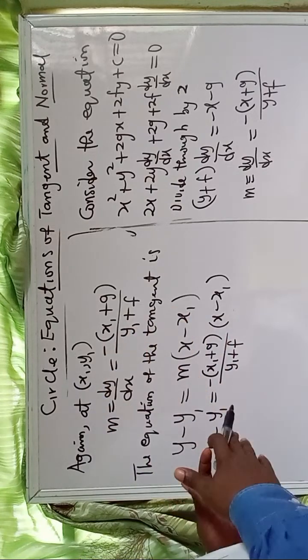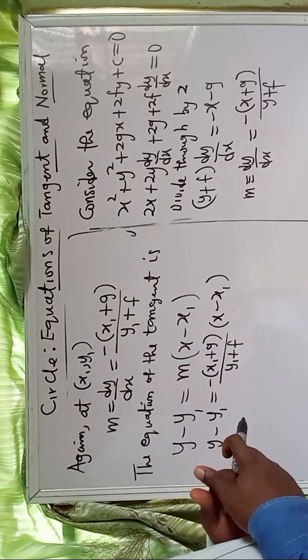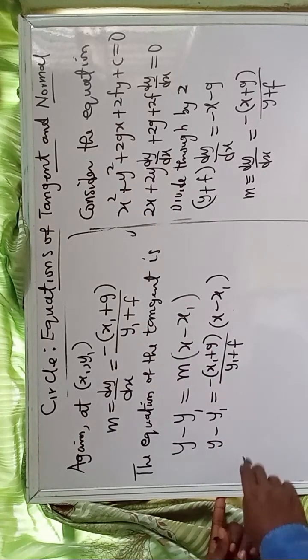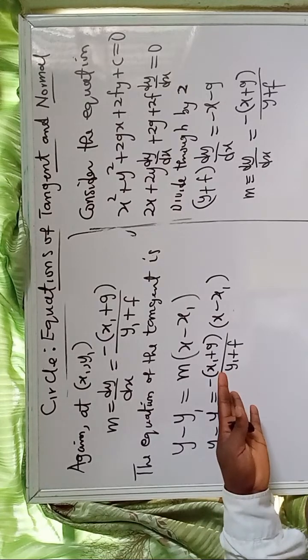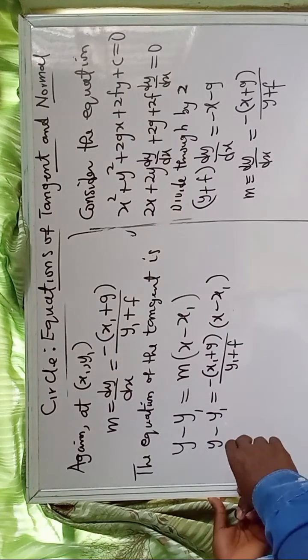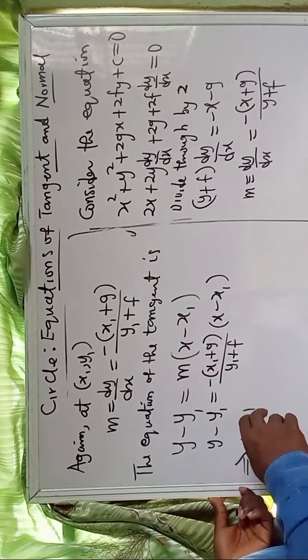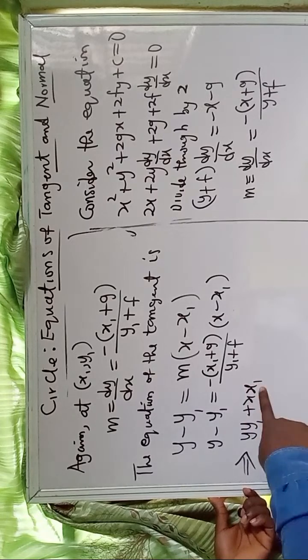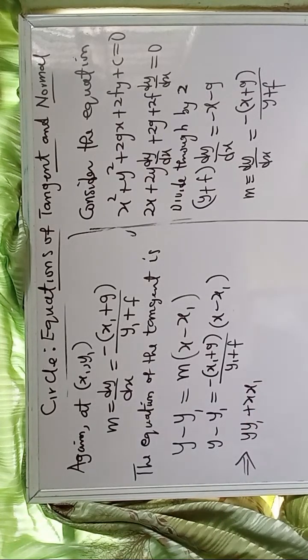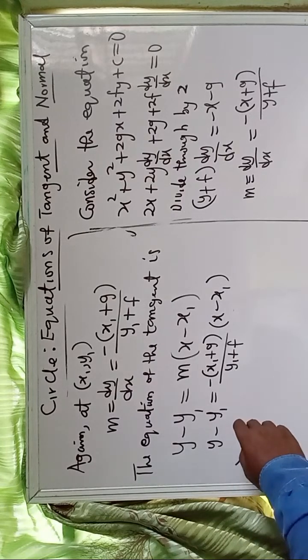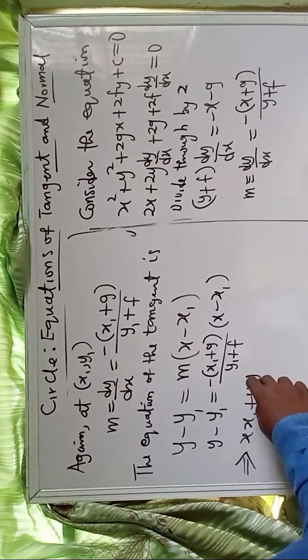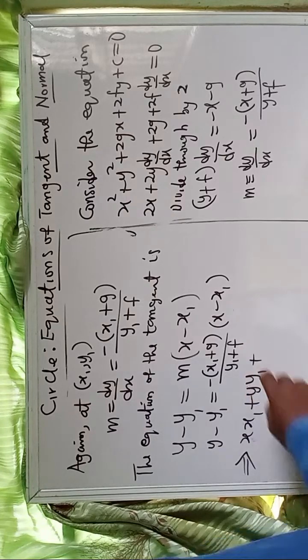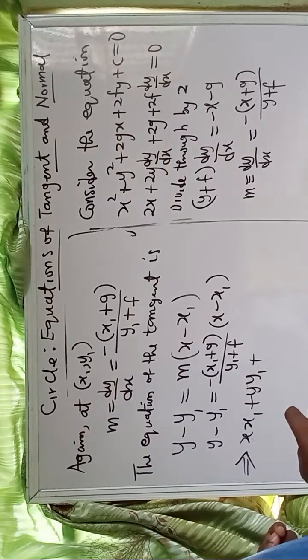And we can write this in a straight-line form. We can leave this like this, or we can solve further to get y1 plus x1. Let's start with x, x1 plus y1 plus g.